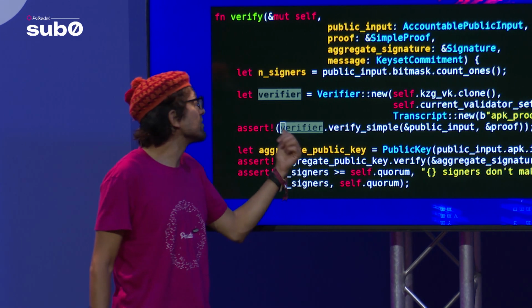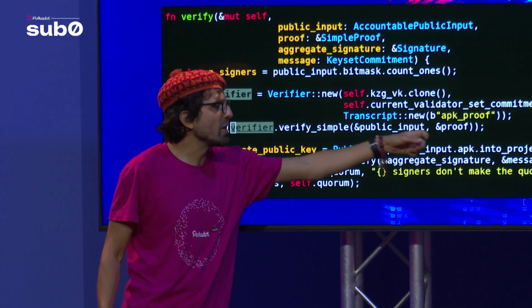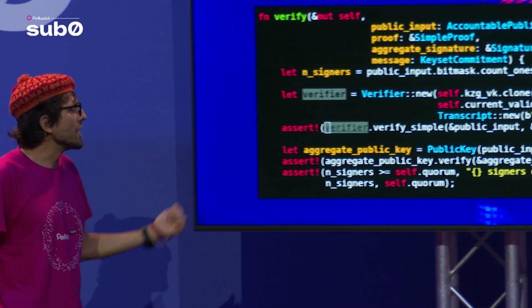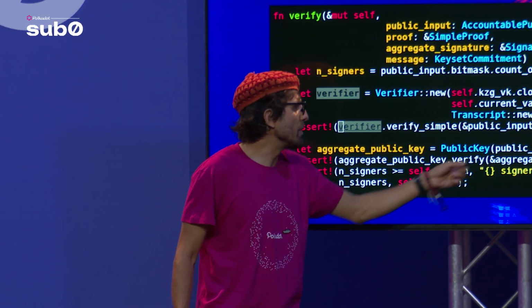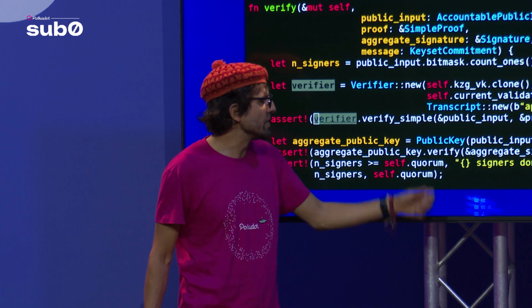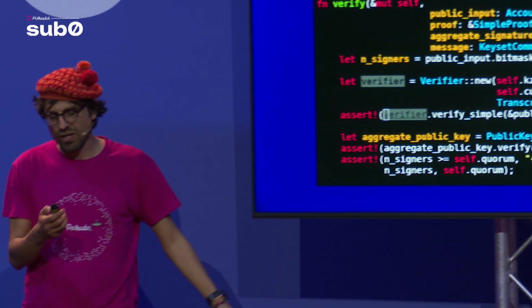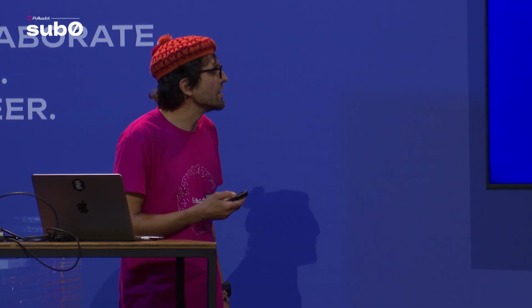And the verifier will verify that the aggregated public key was correct. And then after that, you make a public key, you run a simple signature verification, and after that, the light client will completely know about the state of the chain.